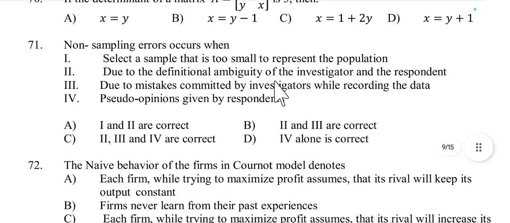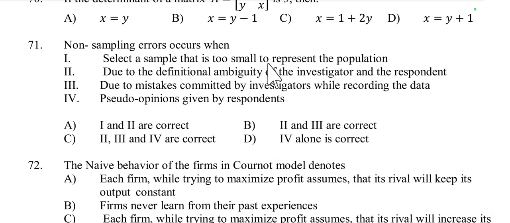Then question number 71: non-sampling errors occur when? The first one is, select a sample that is too small to represent the population.